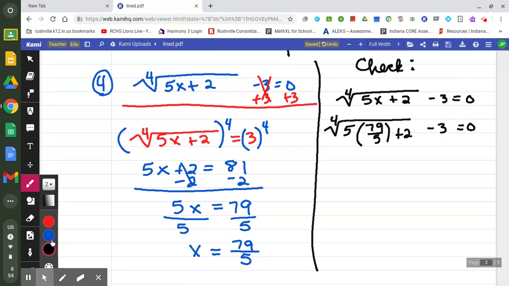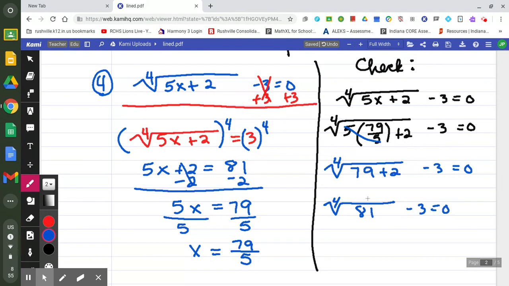Now the good thing about this is that 5 is on top and this 5 is on bottom, so those will cancel. So then your next line, you won't have the fraction anymore. So now, and 79 plus 2 is the 81.